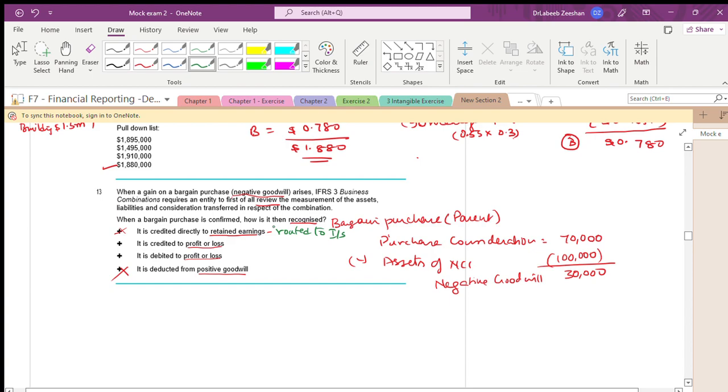It will be a credit to profit and loss account. Exactly, because you are paying less and you are getting more. I cannot say it is income, but it is a gain.